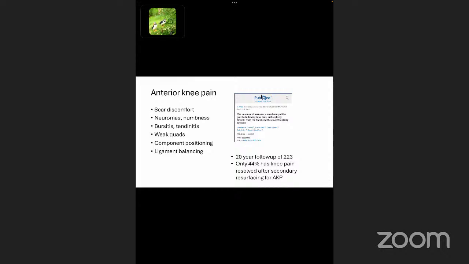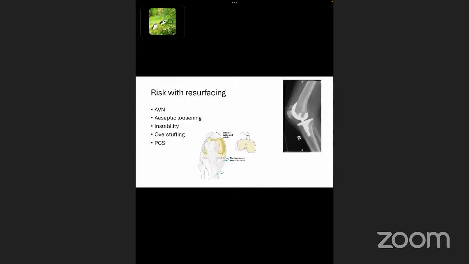Resurfacing is of course not without risks. We can see avascular necrosis, aseptic loosening, overstuffing of the compartment, patellar clunk syndrome, which lead to the other, which is the patellar pocket.